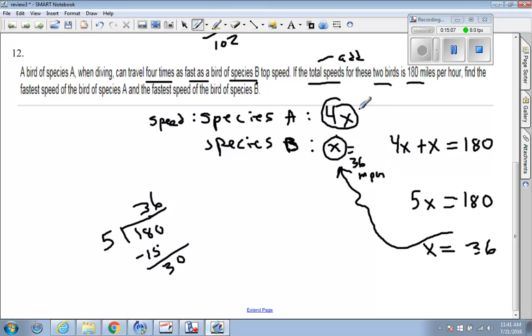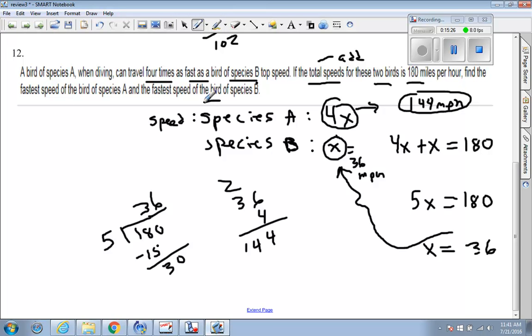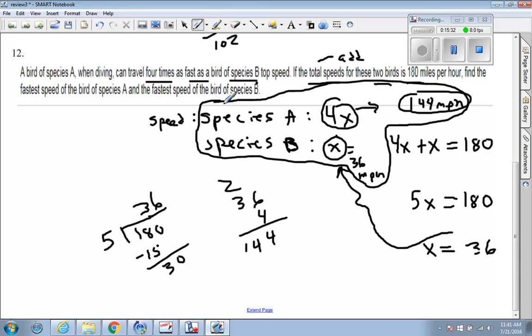And the speed of species A is 4 times as fast. So whatever 36 times 4 is, 144. So 144 mph. So like I said, it's really good just to make this key, and then that way you can kind of outline what you need to know at the end.